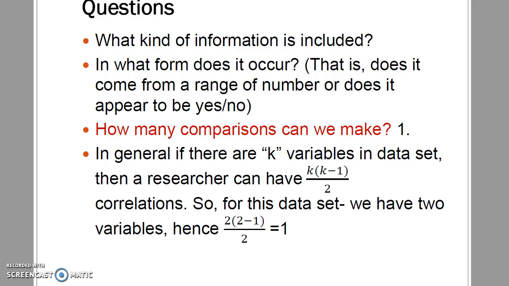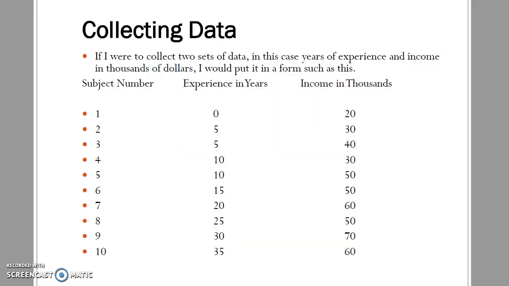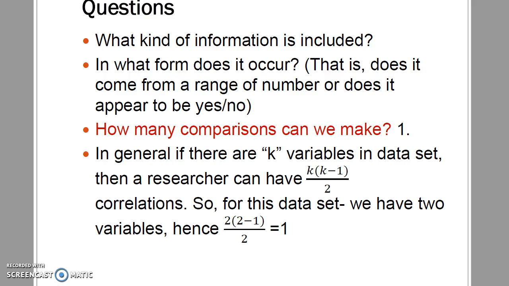I can also see whether it comes from a range of numbers or whether it appears to be yes and no. So here you're looking at whether it is nominal data or ordinal data. This is not nominal data, and this is not ordinal data. You have what is called ratio data here, so I can do mathematical operations on it.